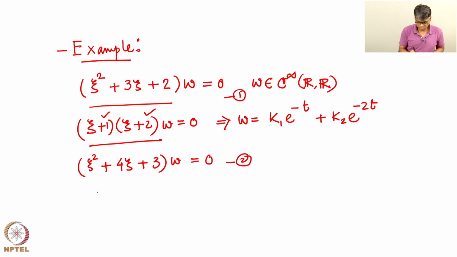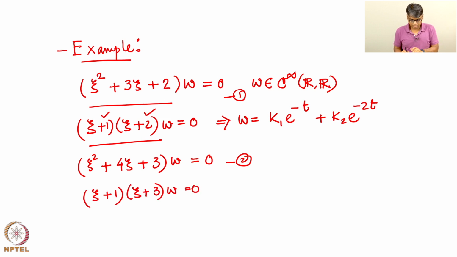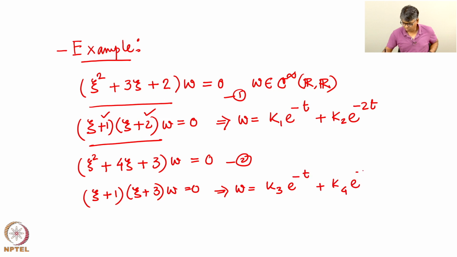I am going to solve this now. If you factorize this, the factorization should come out to be (ξ+1)(ξ+3). Indeed, yes, I think it is okay. And this implies that my solution W is given by, let me use k3 e to the power minus t plus k4 e to the power minus 3t. Okay. Now, so far so good.